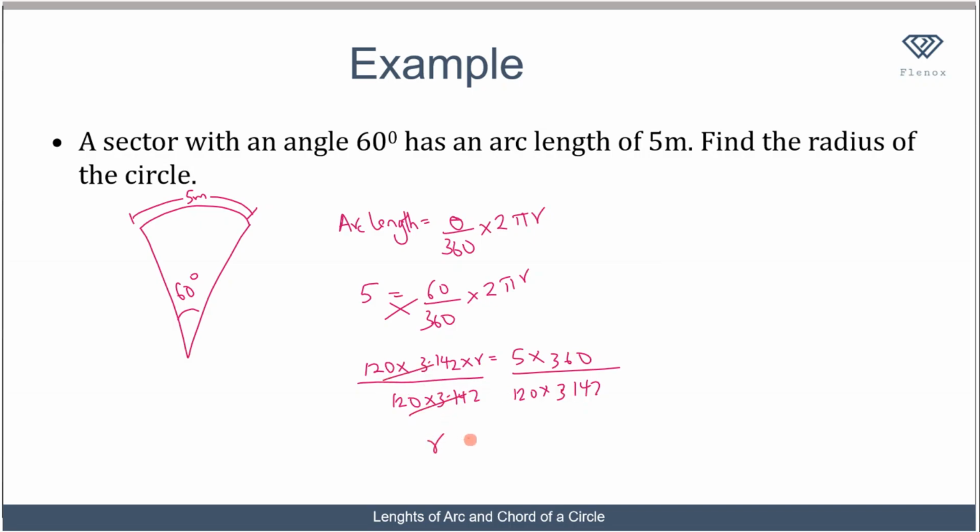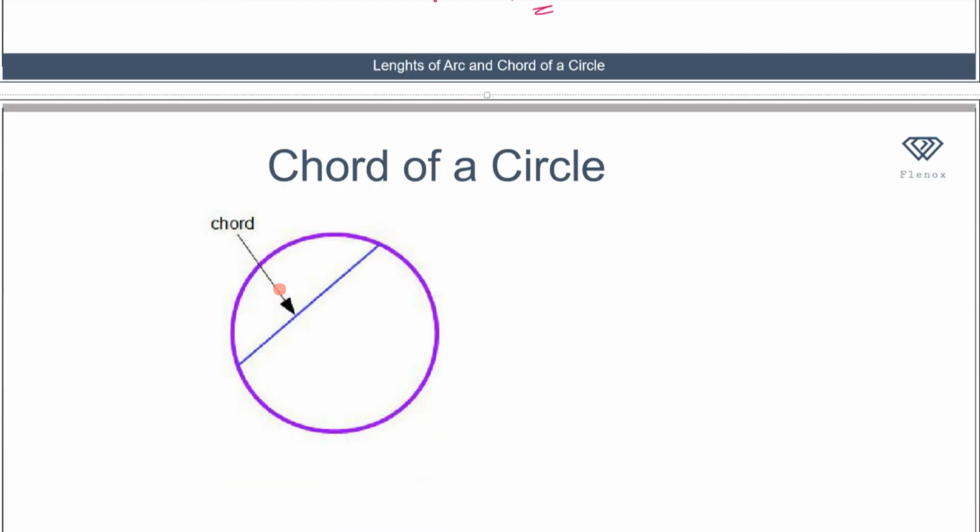So I'm left with my radius being equal to 4.774 meters. So the radius of this sector is 4.774 meters.